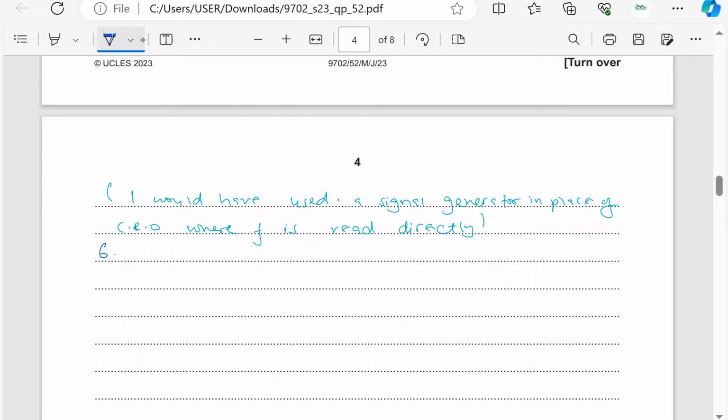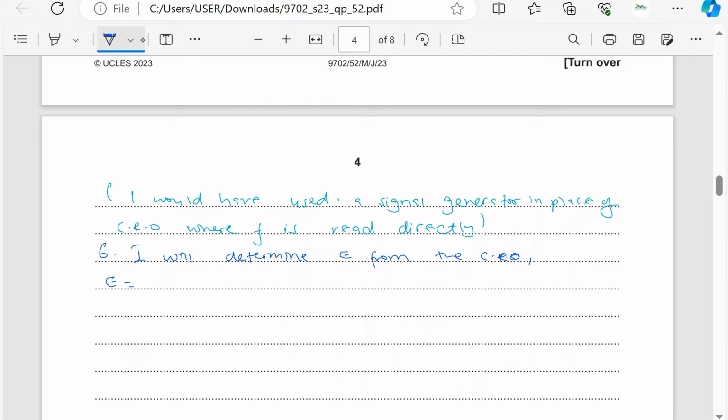Then step number 6, of course, you have to determine the EMF on the other side. So I will determine E from the CRO. So there's another CRO on the right hand side. But how do I determine E?